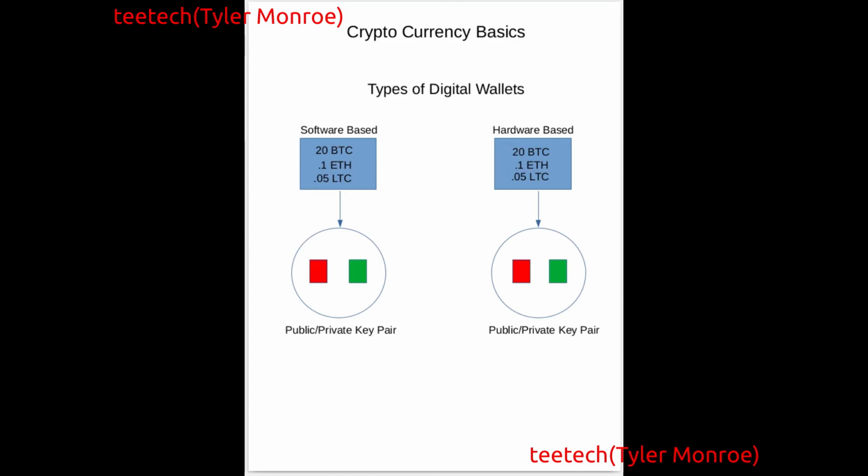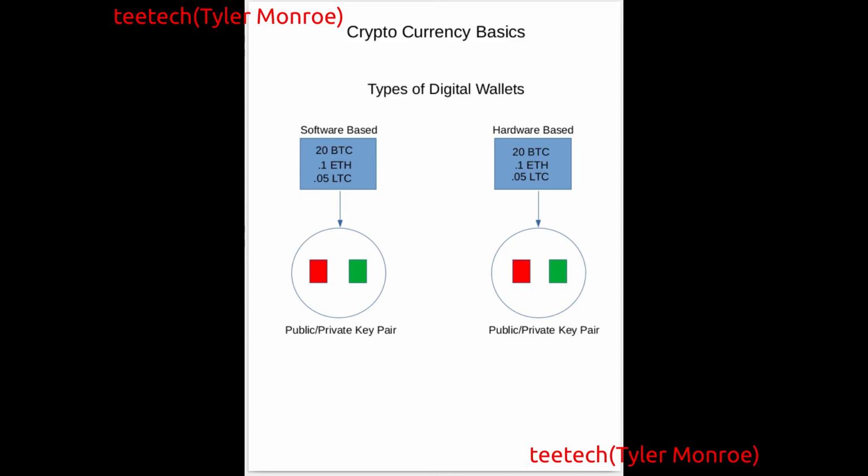The wallet that wants to send has to use the public key from the receiving wallet to sign the transaction, just like any other cryptography. It sends it out to the wallet, and the receiving wallet is the only one that's going to be able to receive the funds because it has the private key of that pair.